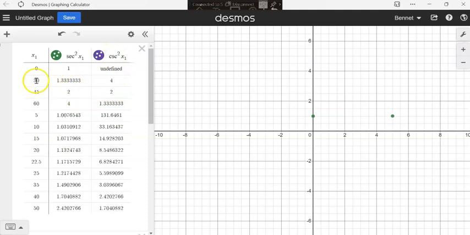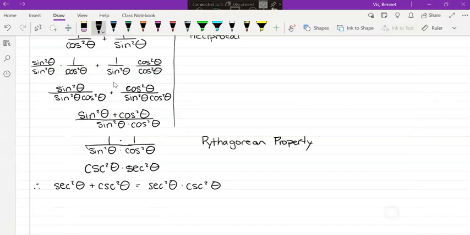But if I look at the 30, like 30 degrees is one of our special angles too, I get 1 1/3 or 4/3, and the cosecant squared would be 4. When I multiply those together, 4/3 times 4, that's going to be 16/3.